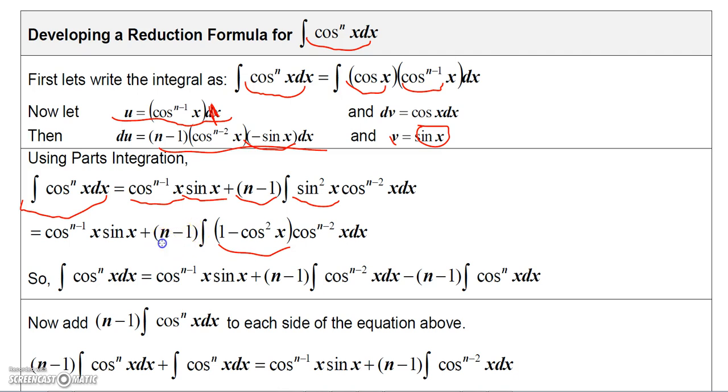So you're going to have n minus 1 times the integral of cosine n minus 2 x dx, and then you're going to have n minus 1 times the integral of minus cosine squared x times cosine of n minus 2, and if you add exponents, that's just going to give you cosine nx. So you get minus the quantity n minus 1 times the integral of cosine nx.